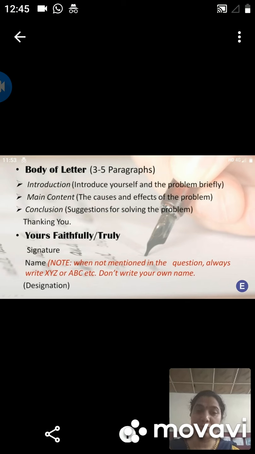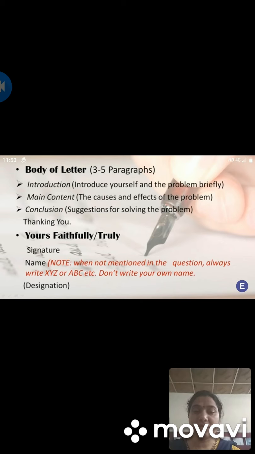Third is the conclusion, where you write that certain steps would be taken. I hope certain steps would be taken to solve my problem, or you will elaborate in this way. So your body should have at least these 3 paragraphs. Then after that, you mention thanking you, and again leave a line, and then you write yours faithfully or yours truly, and thereafter you put your name and your signature.